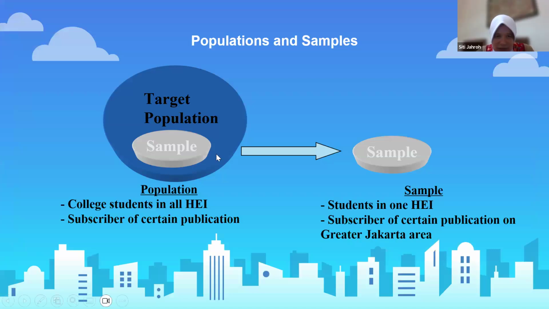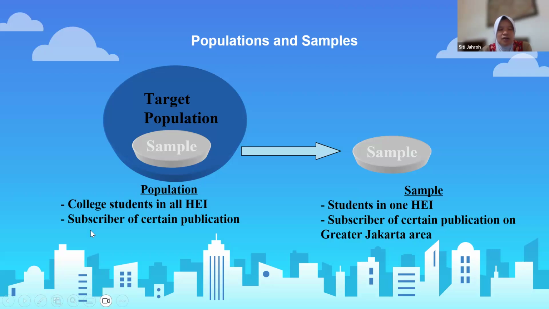Okay, that's the population and the sample. If you have the target, the interest for your research, that is the total population, and the sample is the part of the population that can represent, that can be generalized for the whole population.